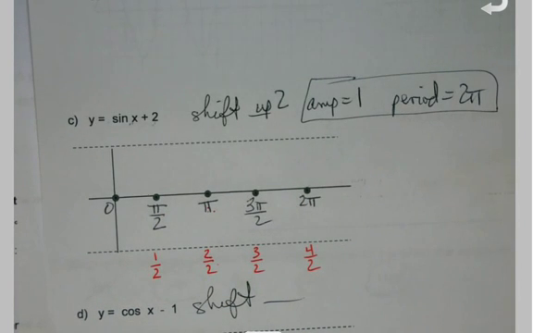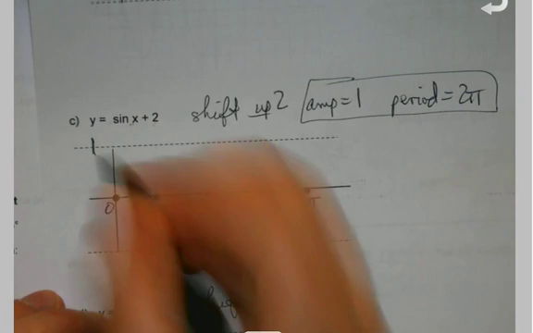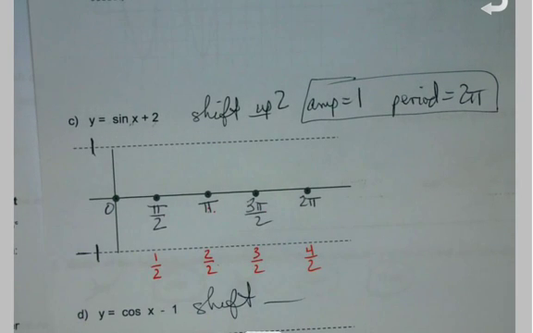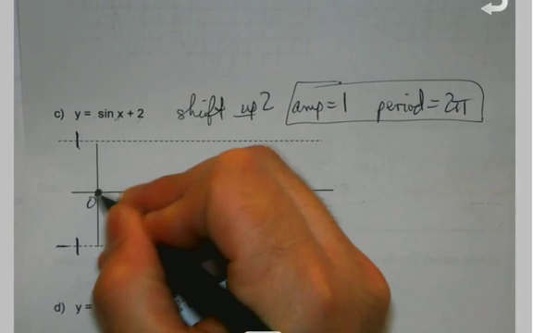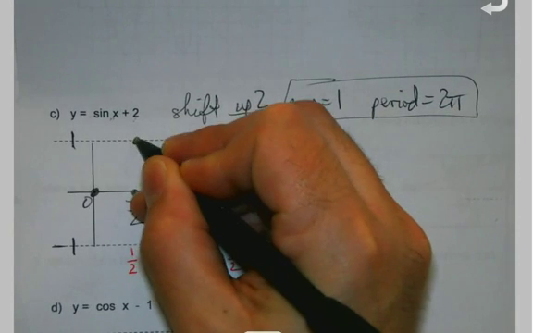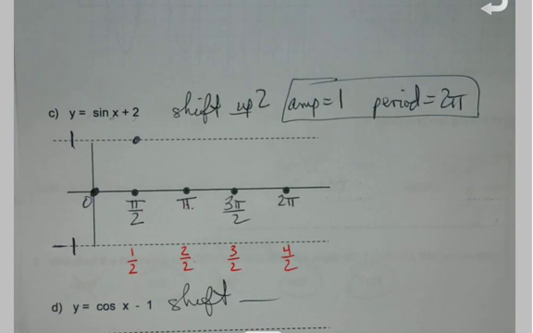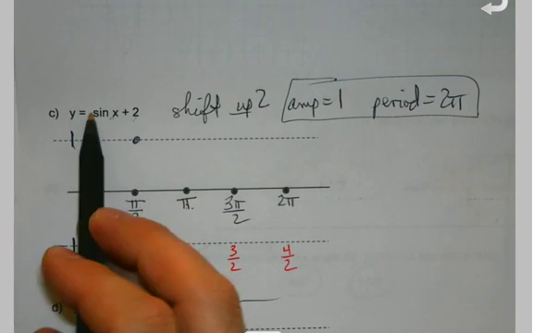So then, one last thing. Since our amplitude is 1, we know that these will be 1 and negative 1. We're going to have to expand this a little bit, but we'll chat about that in a second. Where does sine start normally? 0. So we'd go 0. Yeah, it goes to max unless there's a negative in front.